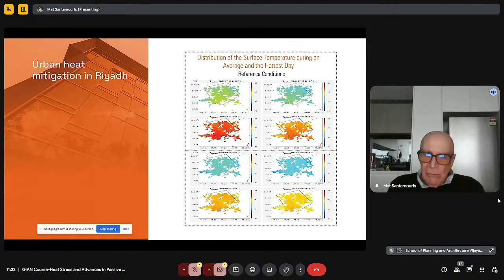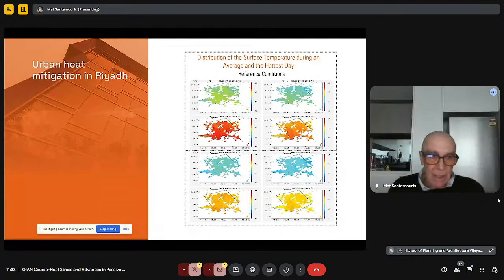Once we had a good understanding of the distribution and the characteristics of the ambient temperature, then we had to assess and understand the surface temperature. Why is the surface temperature at a city scale important? Because it defines the mean radiant temperature, and the mean radiant temperature is very important for comfort reasons.